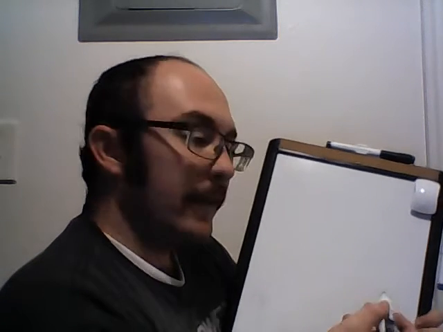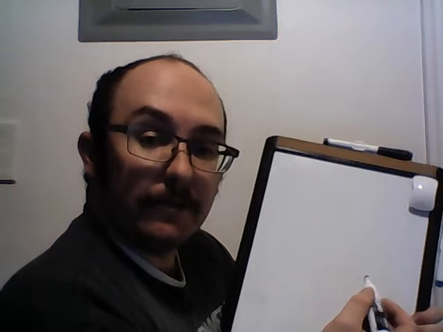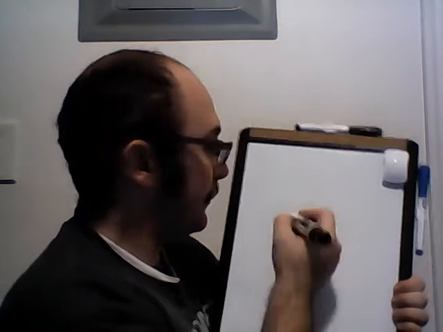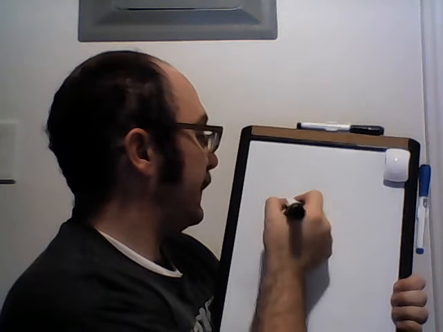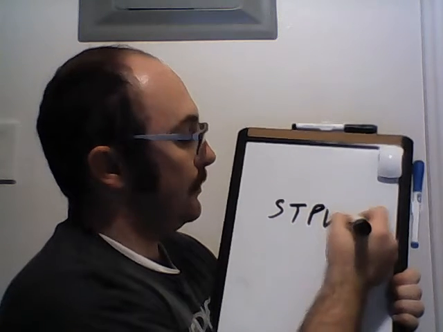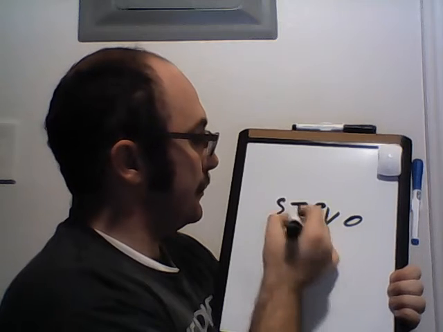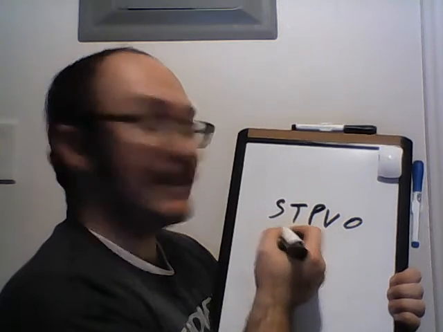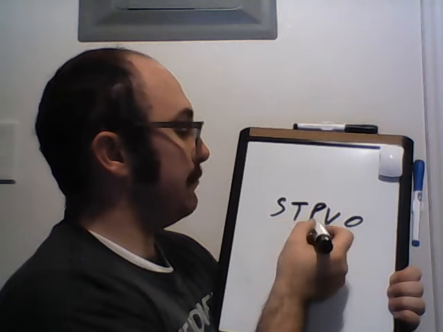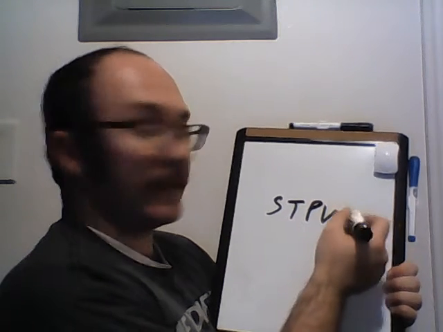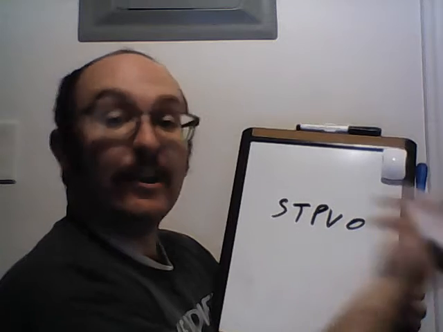Okay. So the grammar bit we want to go over today is the basic Chinese sentence structure, which is S, T, P, V, O. And usually you don't even need these two, but subject, or the thing that acts, time, when it's done, place, where it's done, verb, what is done, and object, what is acted on.